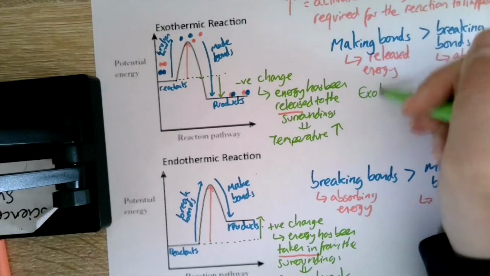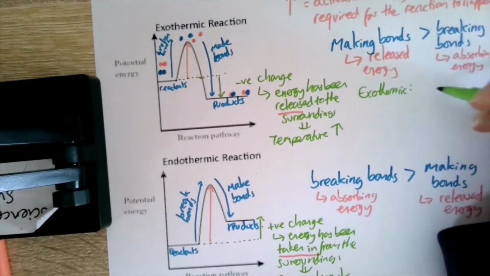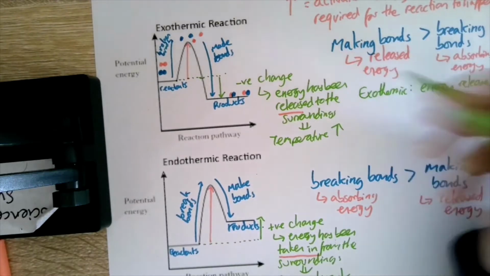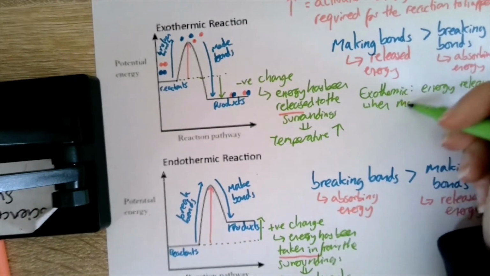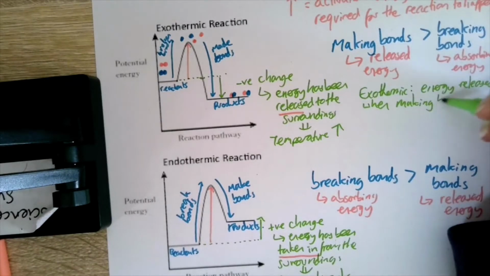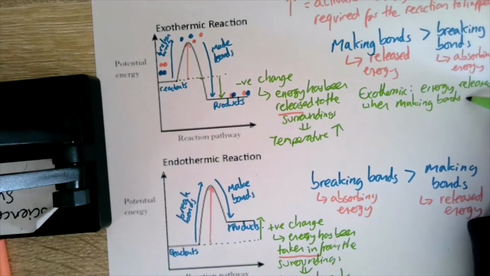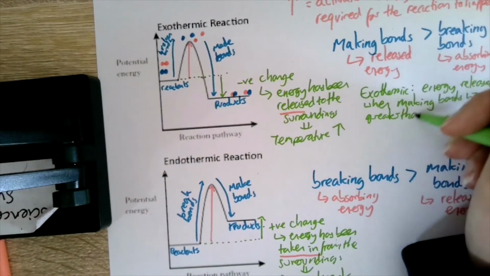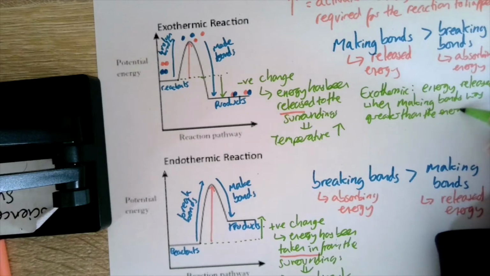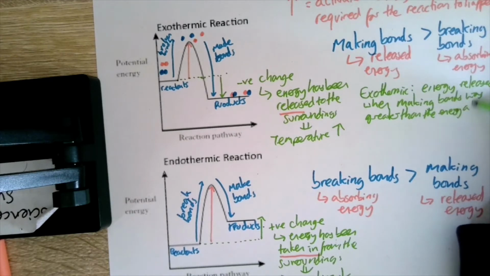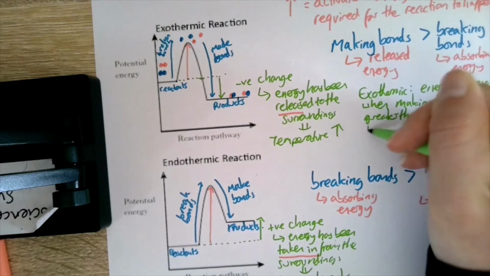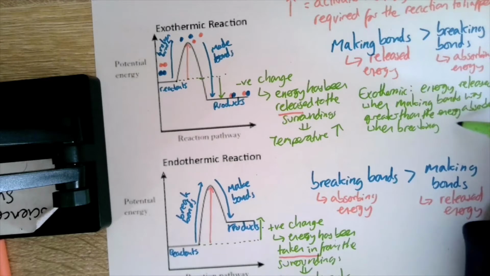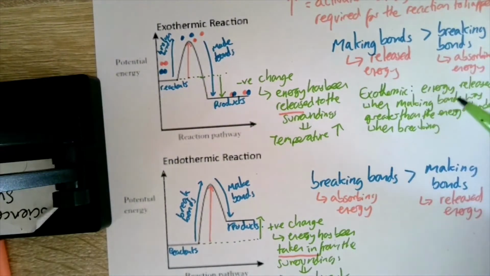So exothermic: energy released when making bonds was greater than the energy absorbed when breaking bonds. So this is our definition in terms of making and breaking bonds.